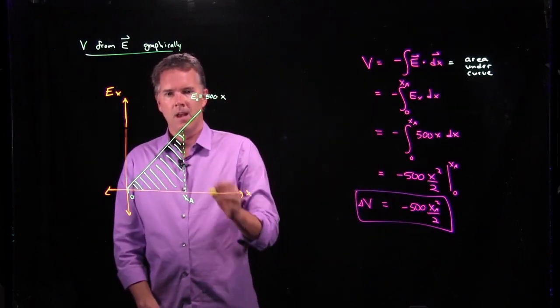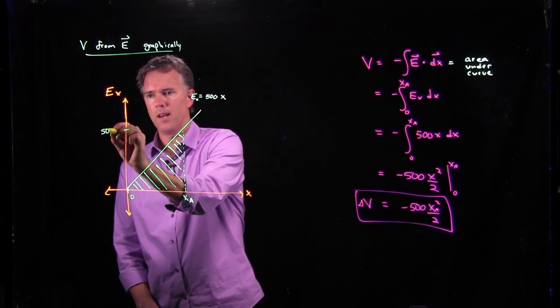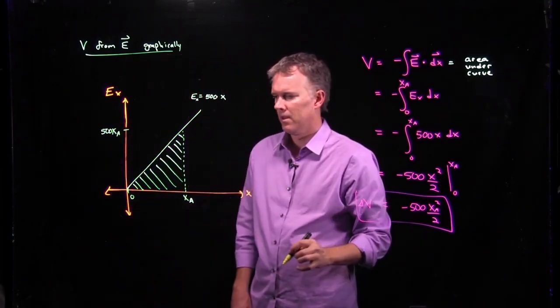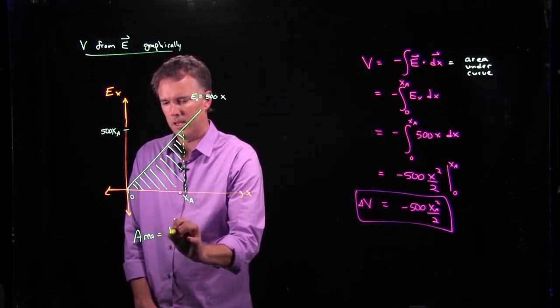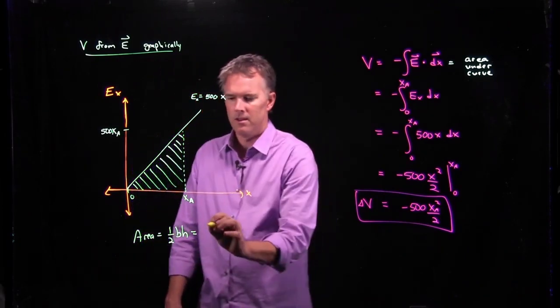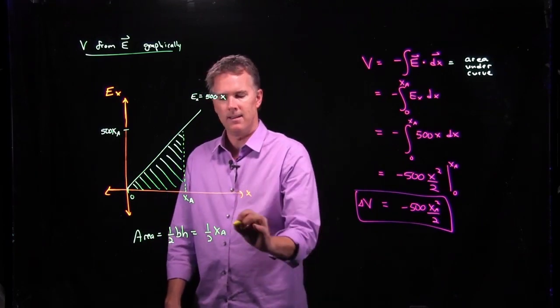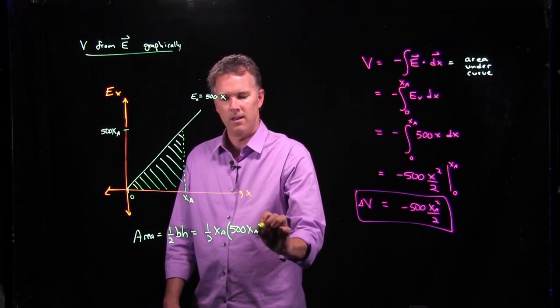Sure, why not? If this thing is going up as 500x, then this value right here is 500 x sub a. We know what the area of a triangle is. It's 1/2 the base times the height. The base is x sub a. The height is 500 x sub a.